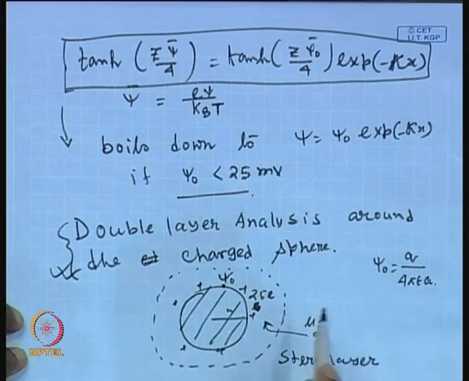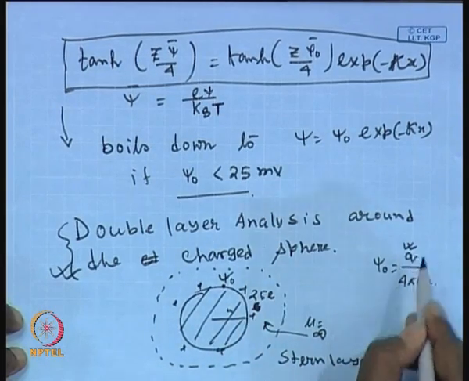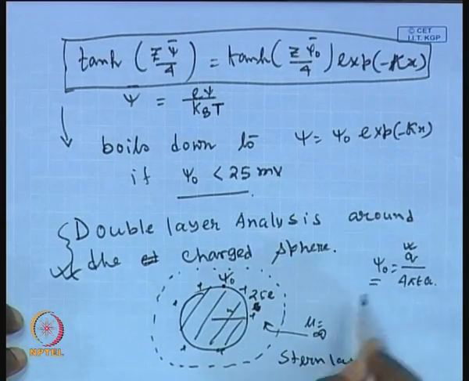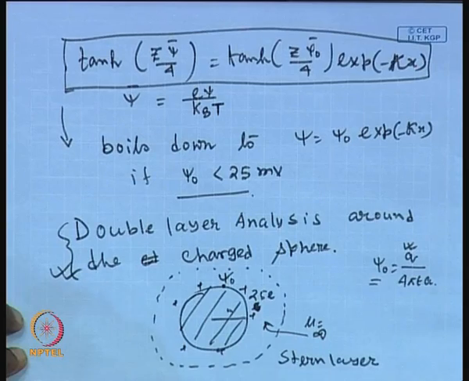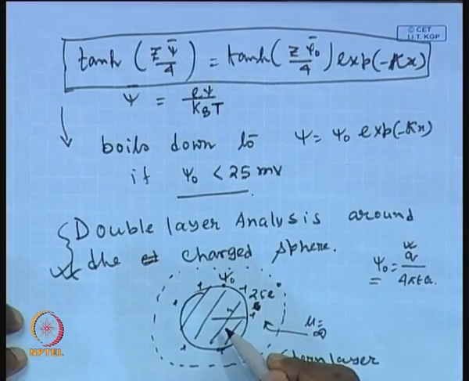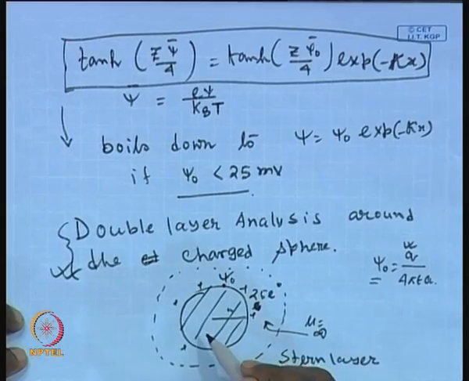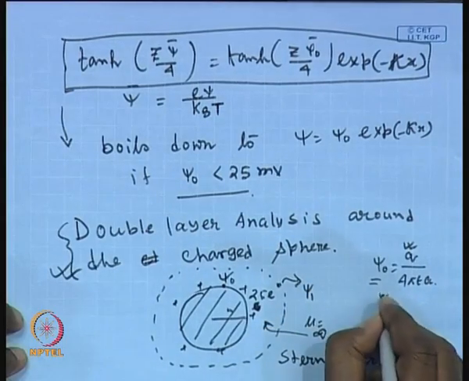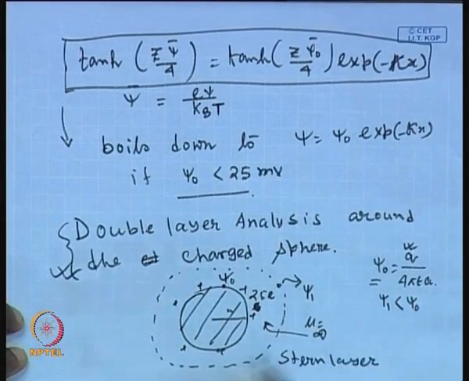So, if you know the surface charge, let us say it is 25 e, you can know the surface potential from electrostatics. Now, when a layer of counter ions is associated with it, what will be the potential outside the surface? Some of the counter ions will neutralize the charge residing on the surface. Therefore, this potential will be psi 1, and psi 1 will definitely be less than psi naught.